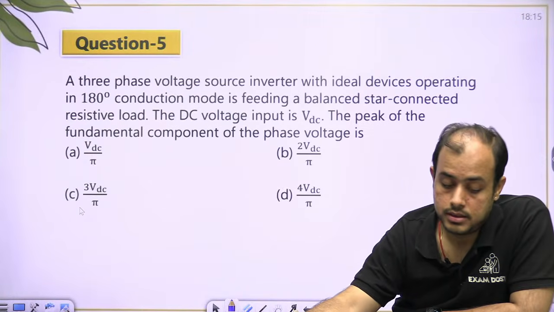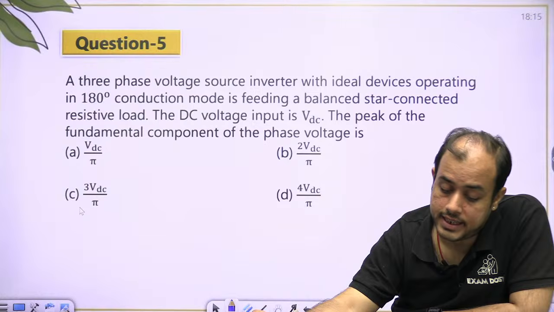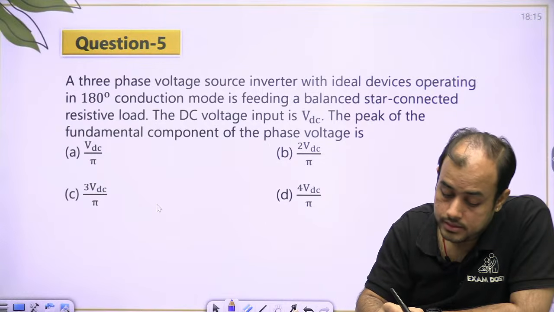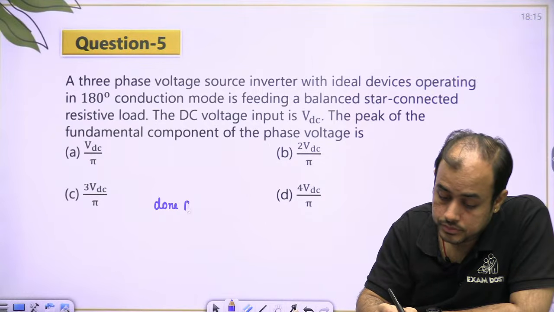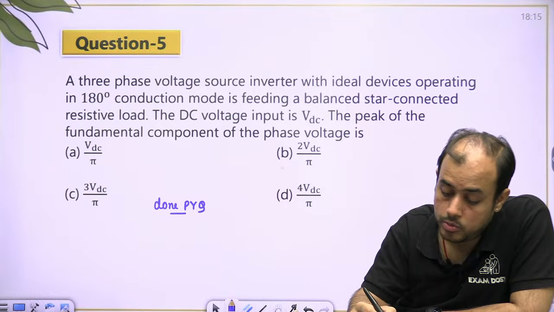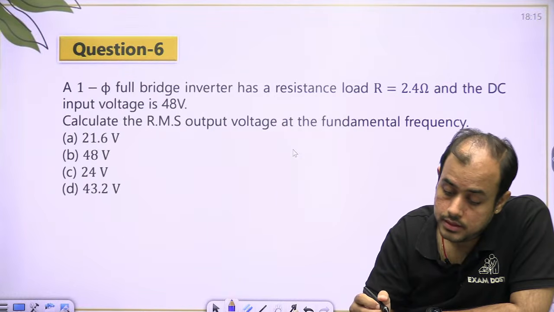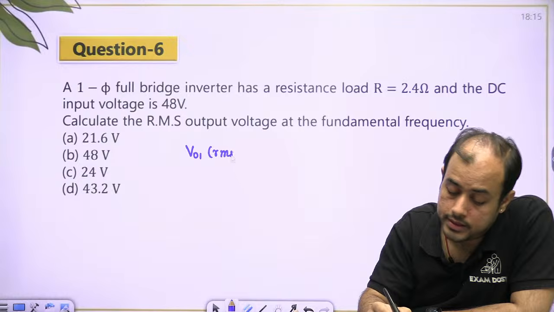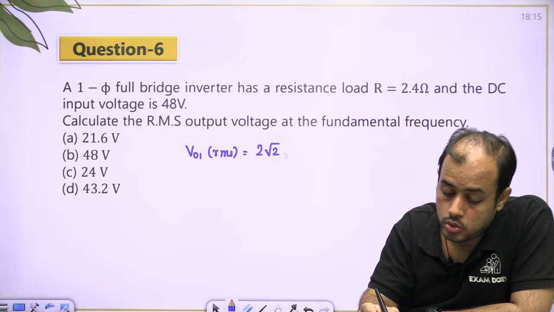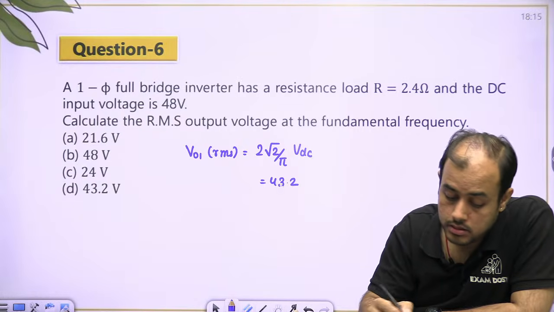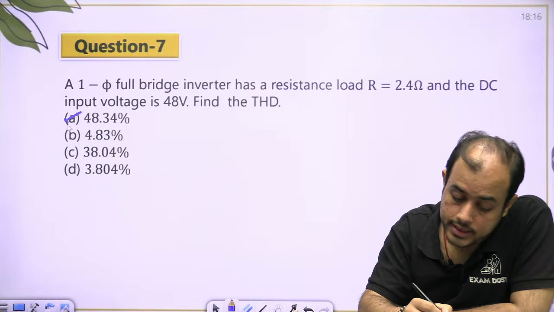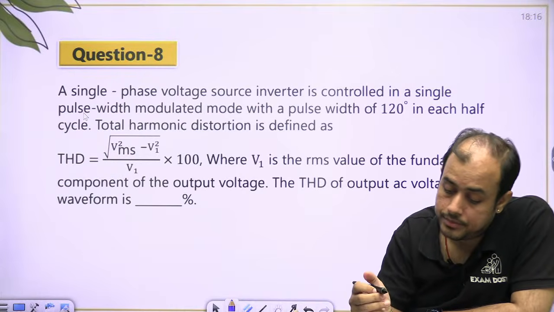Okay. Now, a three-phase VSI with ideal devices speak of the fundamental of the phase component. ये PYQ में हमने कर लिया ना. RMS output voltage at fundamental frequency 2 root 2 by pi VDC. THD, we know in a single phase it is 48.34.